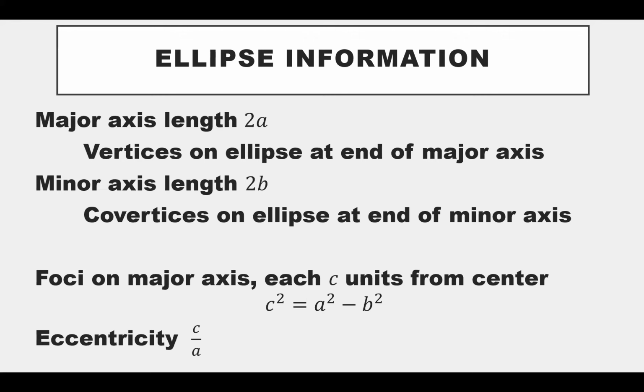Co-vertices on the ellipse are at the end of the minor axis. And the foci are going to be along the major axis, c units from the center. And the c calculation for an ellipse is c squared equals a squared minus b squared. The eccentricity is still c over a.